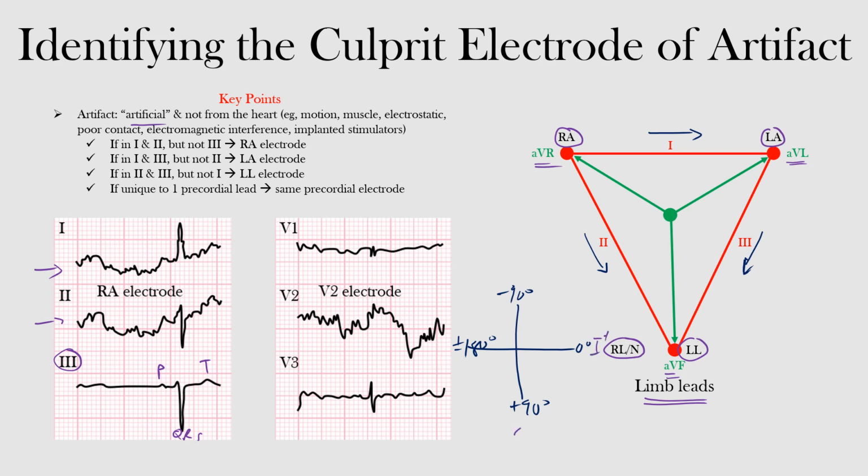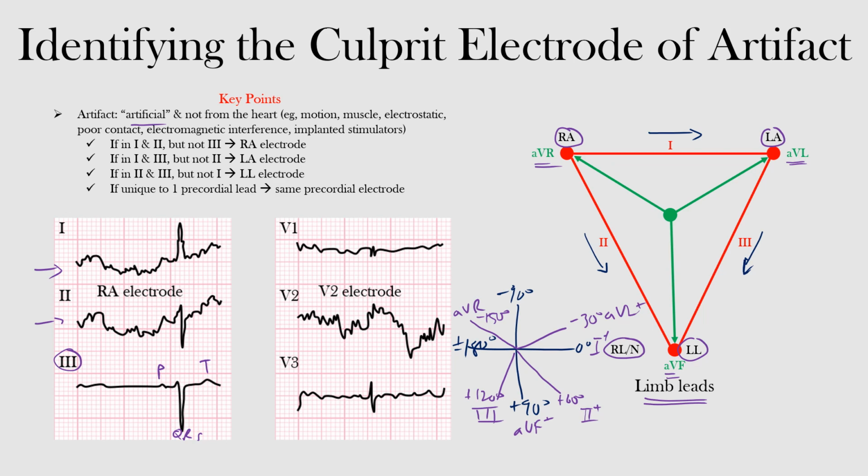We have lead AVF at positive 90 degrees, lead 2 at positive 60 degrees, and lead 3 at positive 120 degrees. We have the positive end of AVL at negative 30 degrees, and AVR at negative 150 degrees. So those are our 6 limb leads.